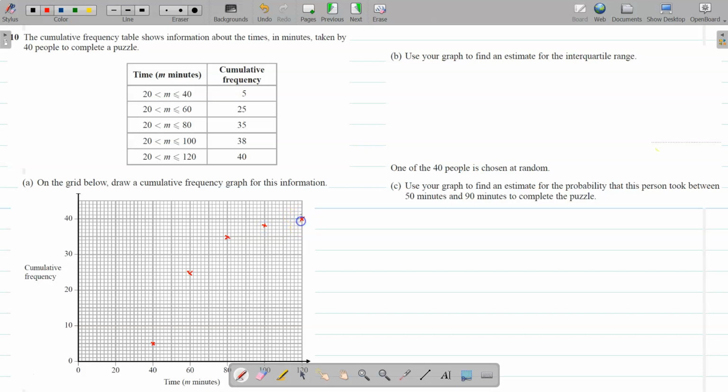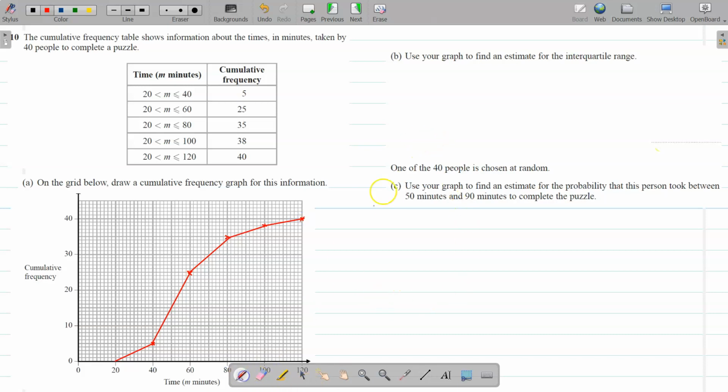Join them up with a smooth curve, or, as I'm going to do on this tablet device, a series of straight lines. Go back the same width as a standard class interval to 0 there, and then from there a series of straight lines or a smooth curve. Either way, you must visit each of the points, like that.